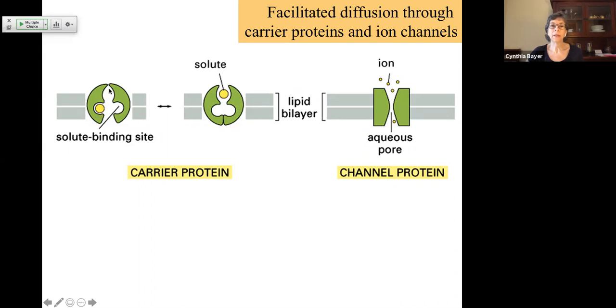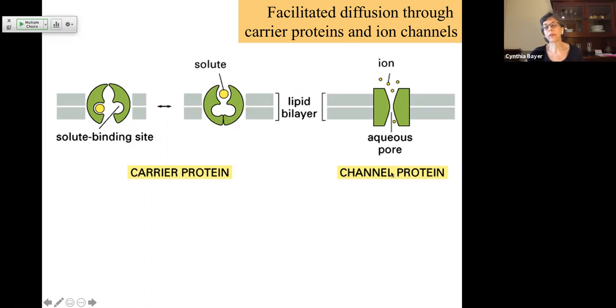And because the carrier protein sort of arbitrarily changes its shape, the solute can move from one side to the other. And let's say that there's more of this yellow solute on this side of the membrane, eventually the net movement of the solute would be from high concentration to low concentration. So carrier proteins change their shape because they can bind to a specific solute.